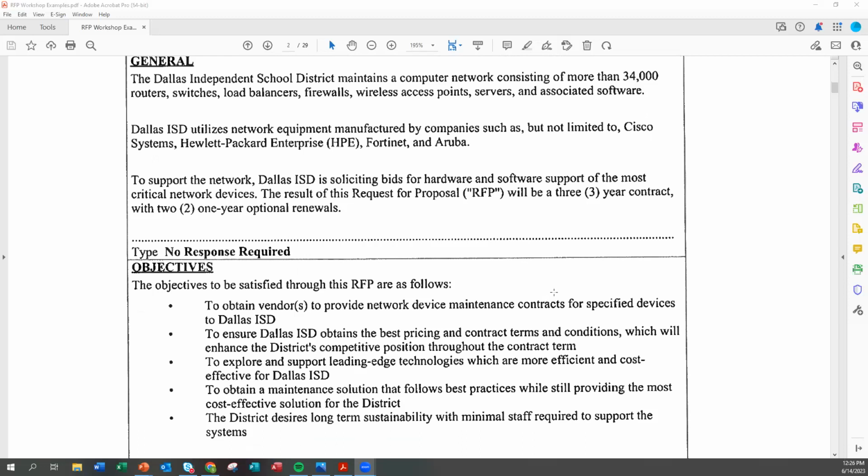Okay, so remember earlier when I talked about creating your checklist? They've identified their problem: they need somebody to help them with the network. So they're saying that they're soliciting bids for hardware and software to support the most critical network devices.